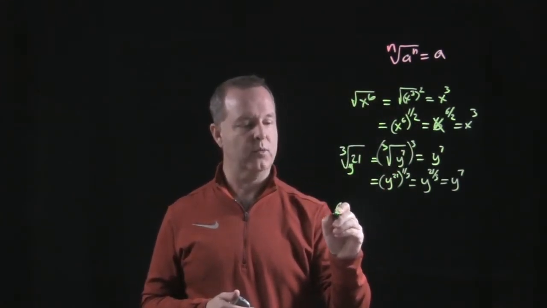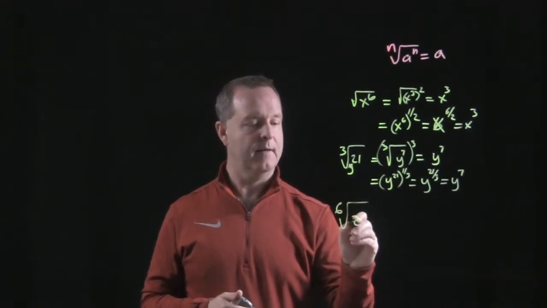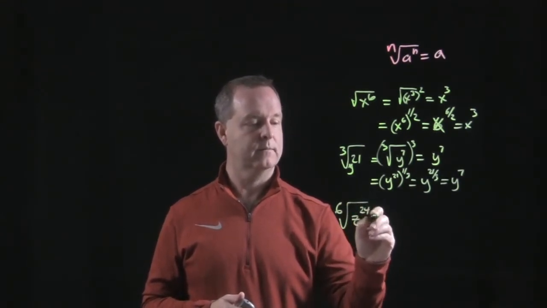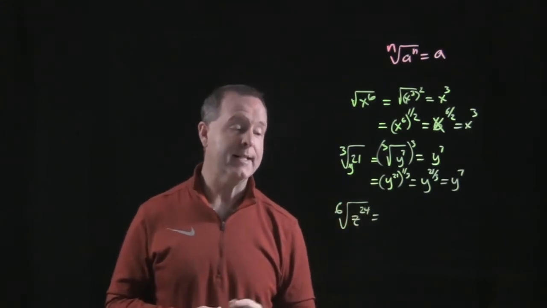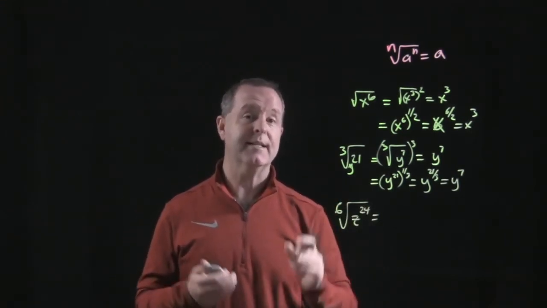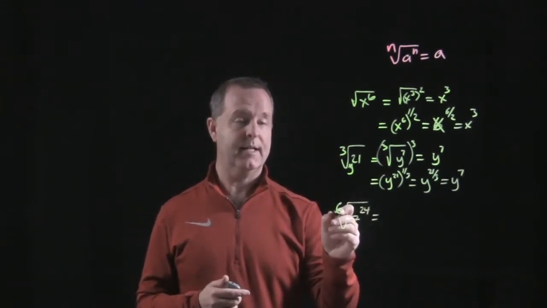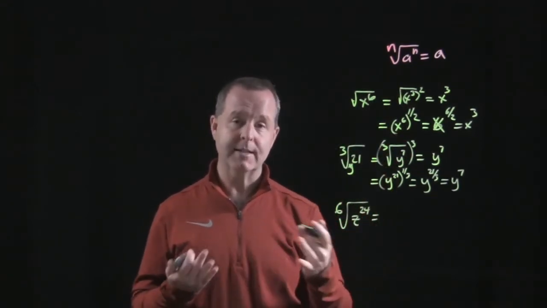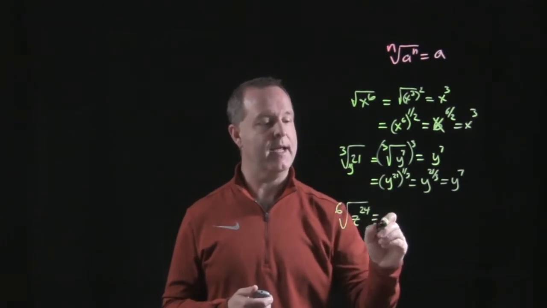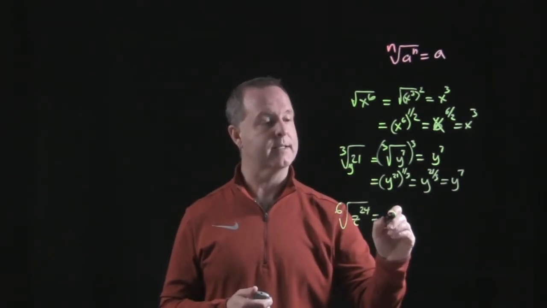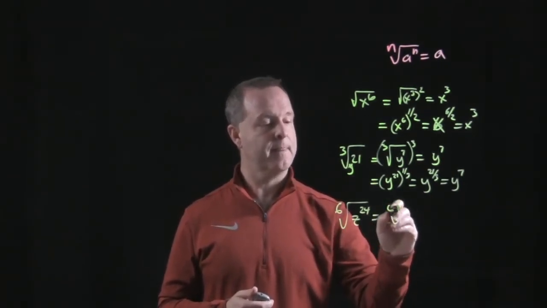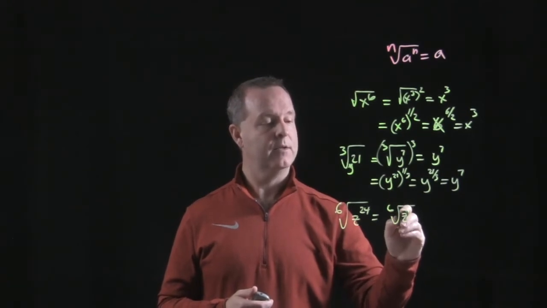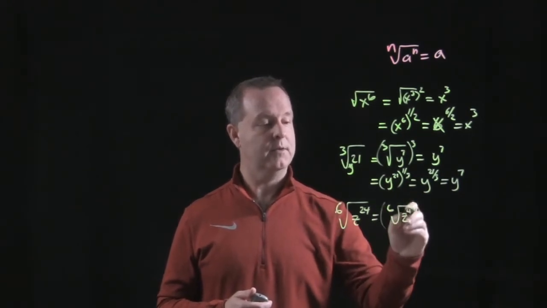Now let's look at one more. Let's say we have the 6th root of z to the 24th. Well, I'm expecting z to the 24th to be a perfect 6th root, because 6 divides into 24 evenly. Looking at the same process, let's convince ourselves of this being the case. I can rewrite this as the 6th root of z to the 4th all to the 6th.